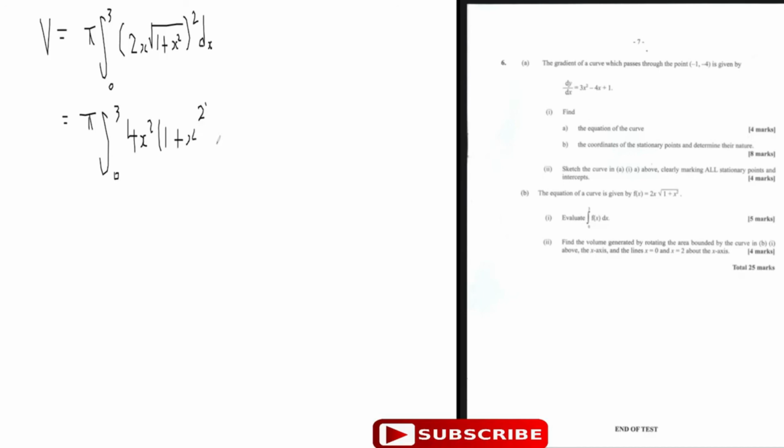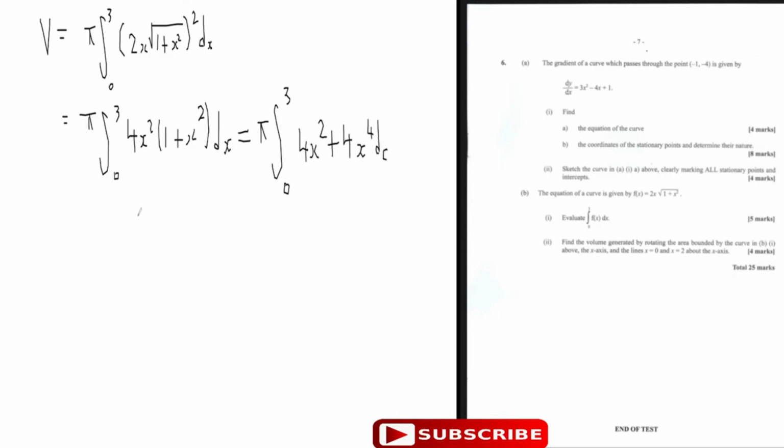Close the bracket there. And I work this out, and I get pi times the integral from 0 to 3 of 4x squared times 1, that's 4x squared, plus 4x squared times x squared, which is 4x to the 4th power, dx.